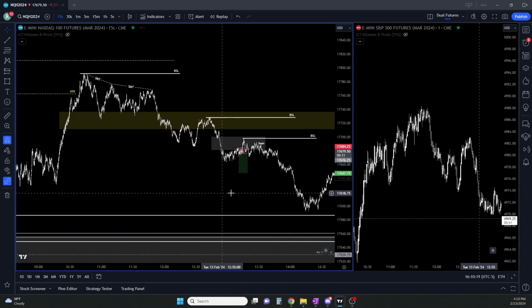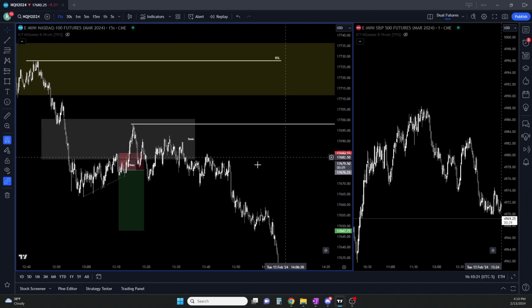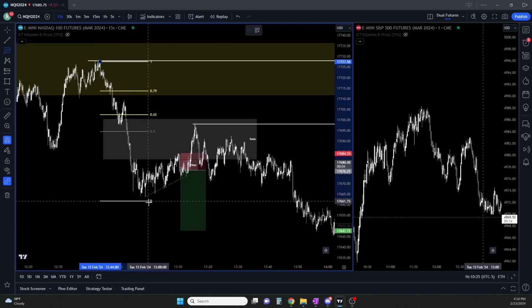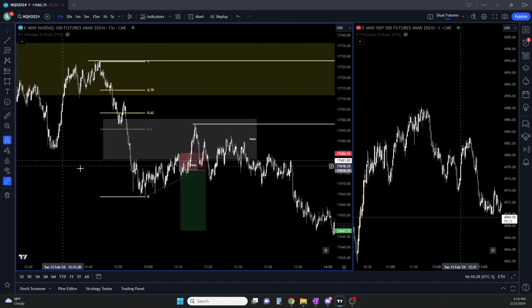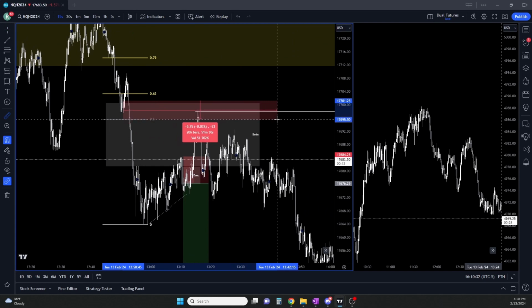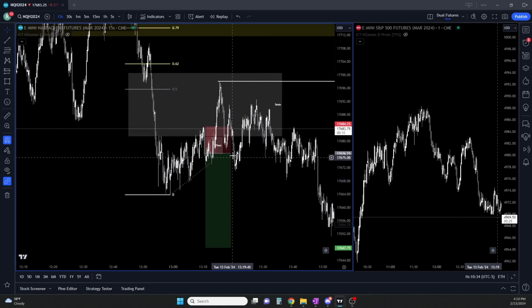Zooming in though, the mistake I made was this wasn't in discount of the range, right? So if you look here, we came up to discount of the range, still held the 5-minute.